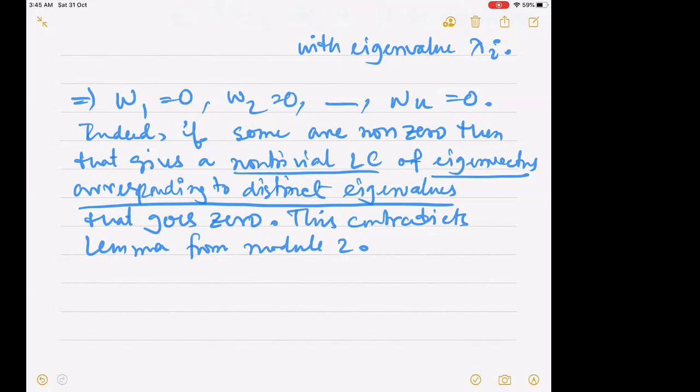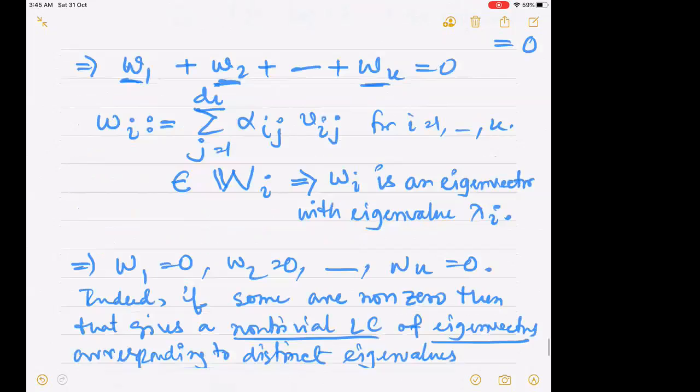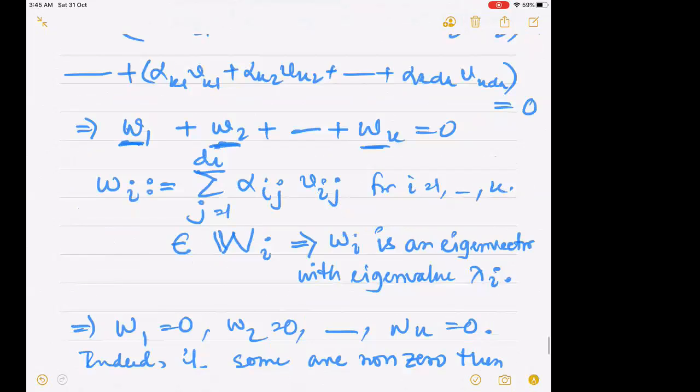If they're non-zero, then they're eigenvectors. If they're 0, then 0. Even if some of them are 0, fine, but suppose some of them are non-zero, then those non-zero vectors give me a non-trivial linear combination.